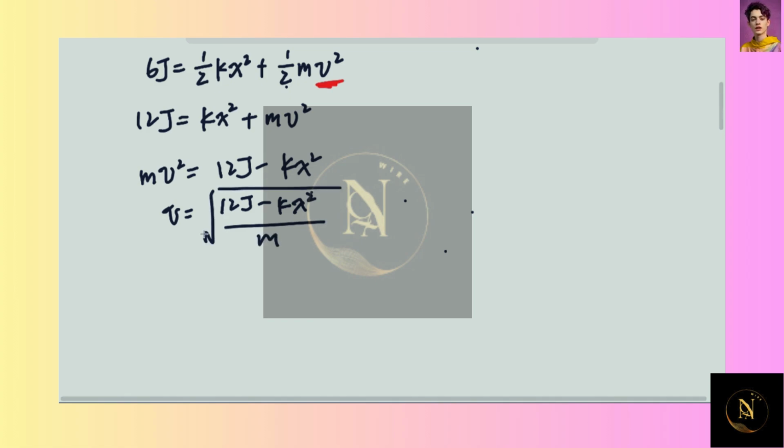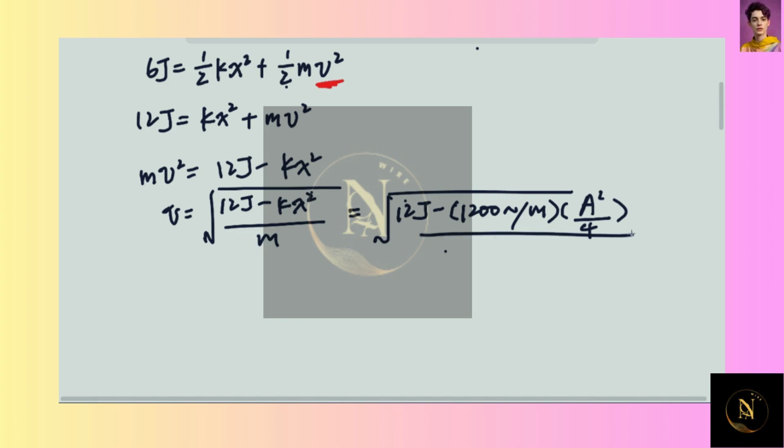Now we can plug in all of the numbers we have. 12 joules, I already have the number here. k equals 1200 Newtons per meter, times x squared. We know that it's A squared divided by 4. And m is 5.5 times 10 to the negative 2 kilograms.